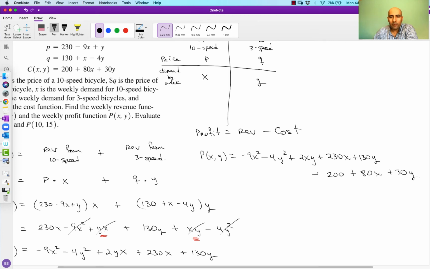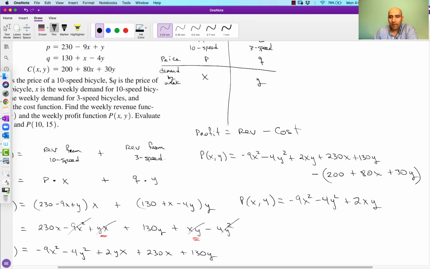But we have to be careful because this subtraction applies to the entire thing. So I'm going to put parentheses there. So I'd be sure to distribute, and then combine like terms. So my profit, P of x comma y, is going to be equal to, well, nobody wants to play with this guy at all. So it's going to be minus 9x squared minus 4y squared plus 2xy.